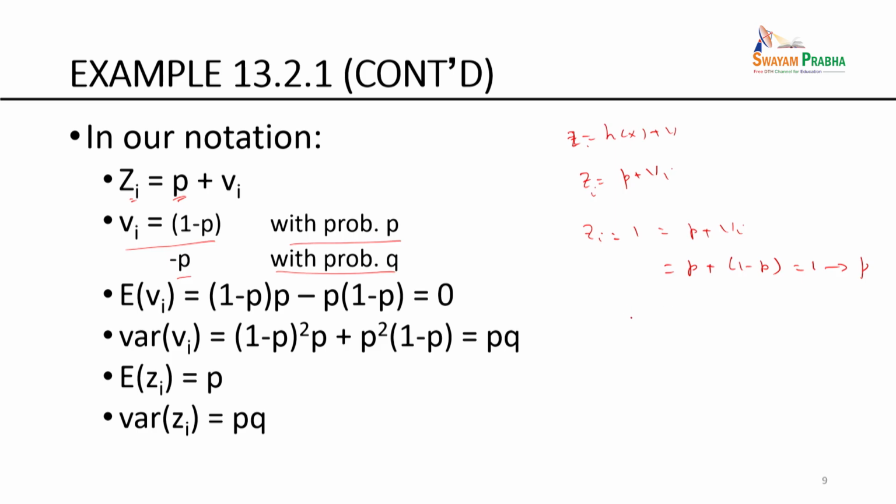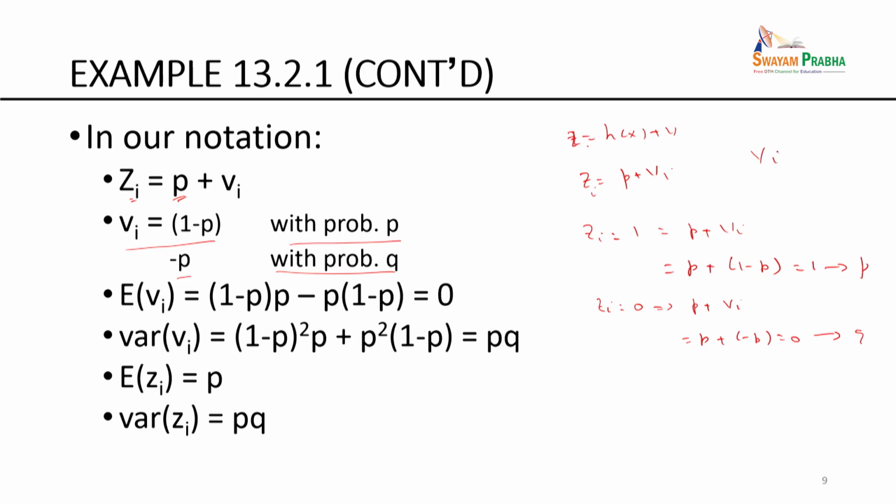And zi is equal to 0 implies p plus vi, and vi is equal to minus p, so p plus minus p is equal to 0, that happens with the probability q.